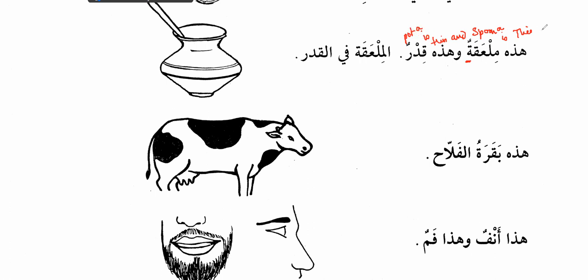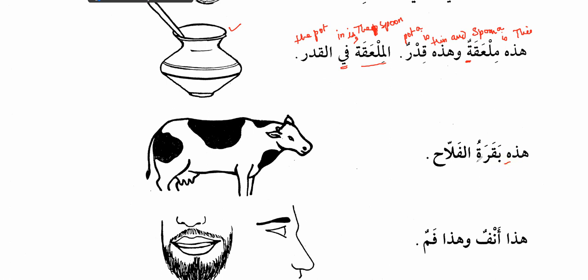This is a pot, this is a spoon. Al milaqatu. Now this is marifa. So what will you write? The spoon. Now when we translate into English, we don't say this the spoon in the. So you will write the spoon is in, fi harf jar, in the pot, because now it's marifa. As you can see in the picture, the spoon is inside the pot.